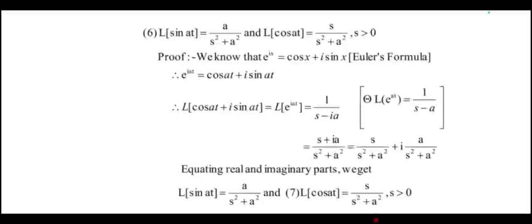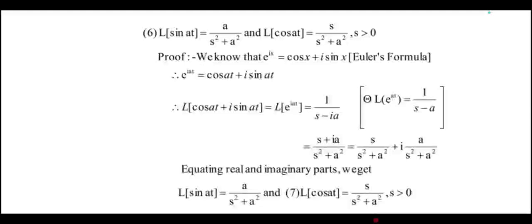We will get L of cos at plus i sin at, which is equal to L of e power i at. We know the formula for L of e power at, which is equal to 1 by s minus a. Instead of a, here we have ia. So replace it: that is 1 by s minus ia.